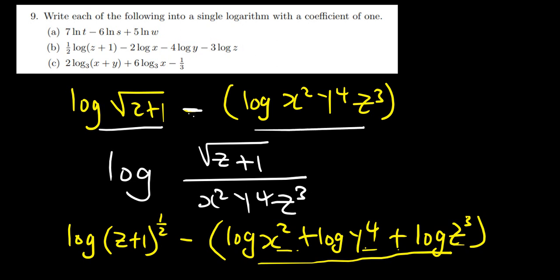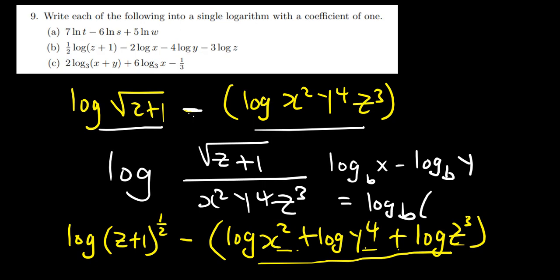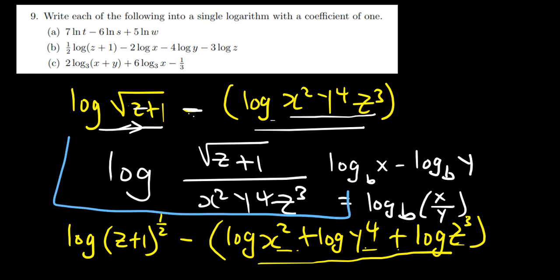Remember we said log base b of x minus log base b of y will be the same as log base b of x divided by y. In this case our x is the root of z plus 1, and our y is x squared y to the power 4 z to the power 3. So the final answer will be this expression here.